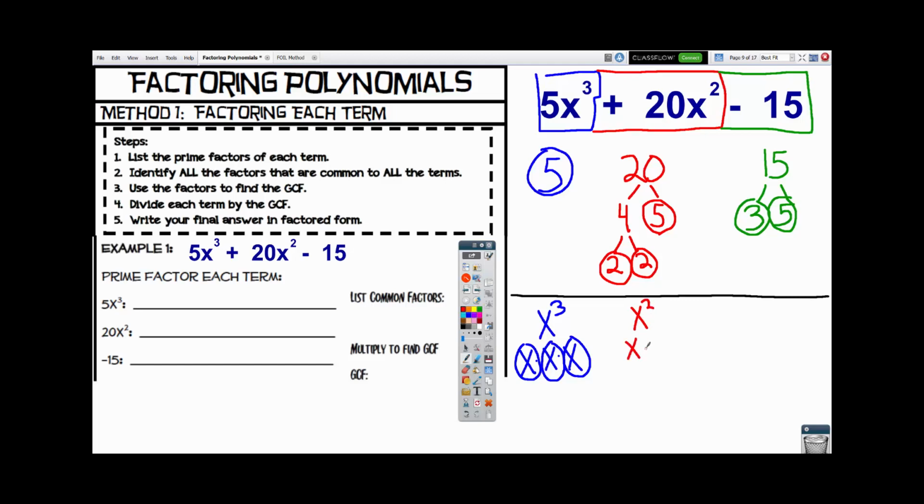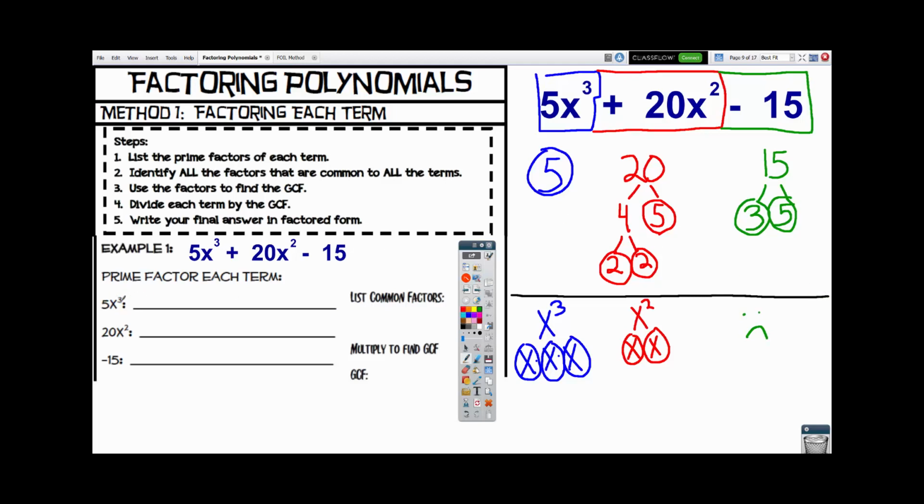In expanded notation, that would be x times x. And there is no variable over here. Okay, so there is no x. No x's to be given away.